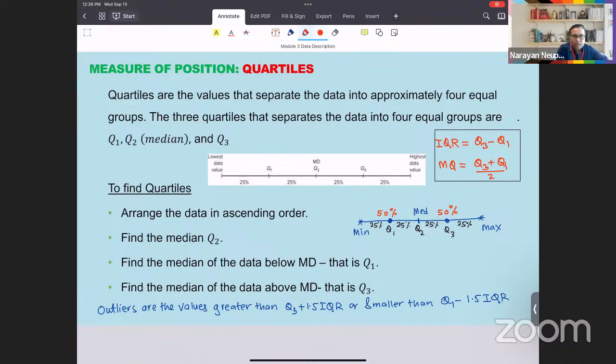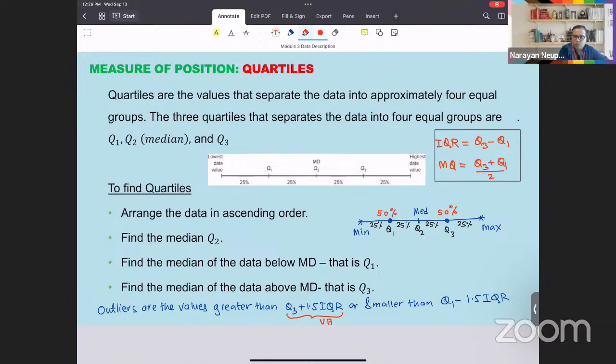So what I'm saying is, if you want to find the outlier, then what you have to do is find Q3 plus 1.5 times IQR. This is the boundary. If you see anything more than that, that is the outlier. So this one, Q3 plus 1.5 IQR, that is your upper boundary, UB.